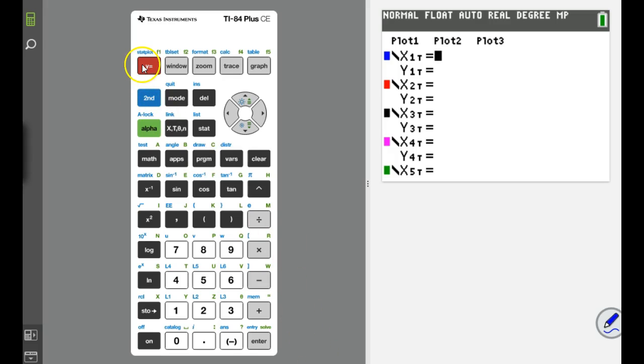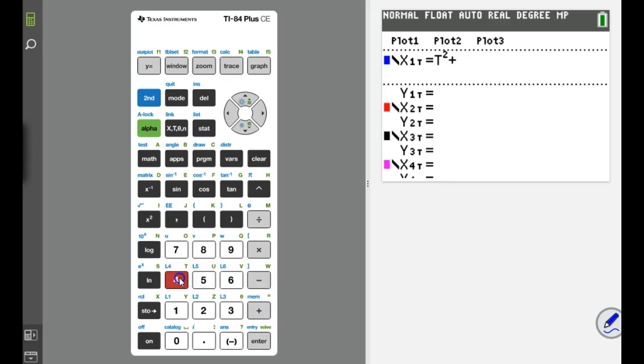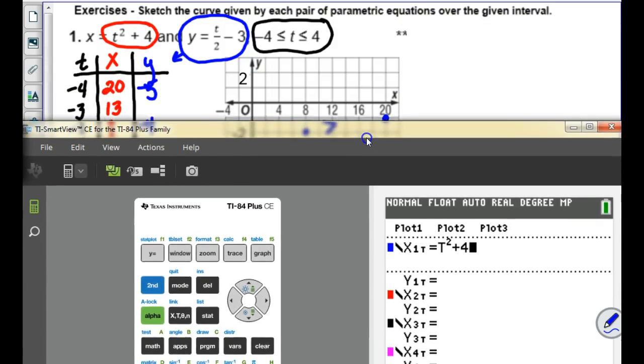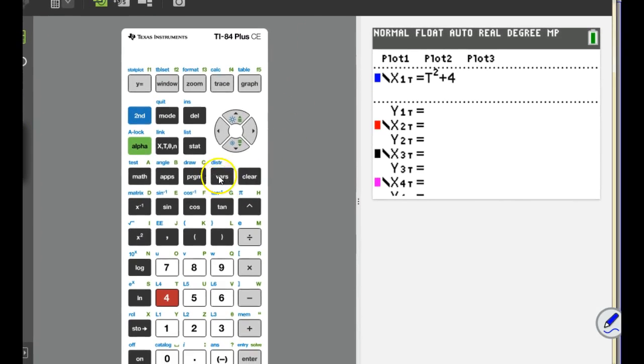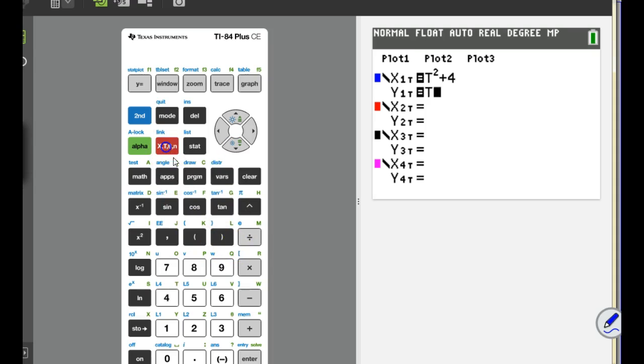You should be getting the T from this button, not anywhere else. And then for Y, T divided by 2 minus 3. You could put parentheses in if you wanted, but it'll always divide before it subtracts, so we'll be good. Everybody got those typed in?